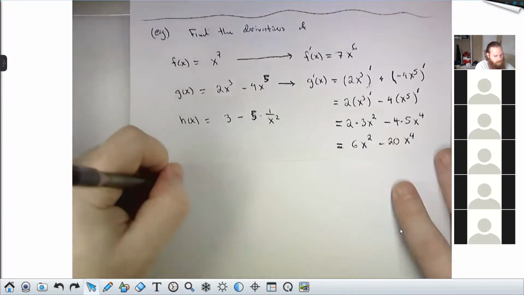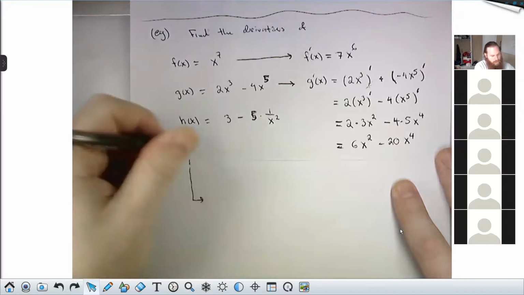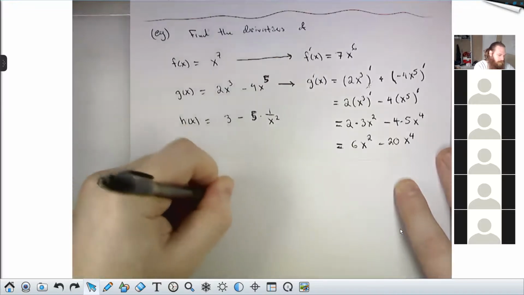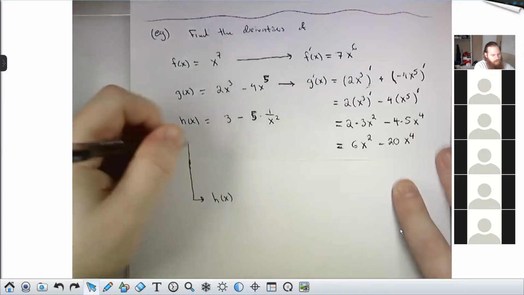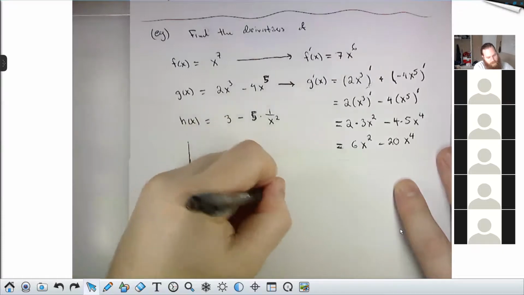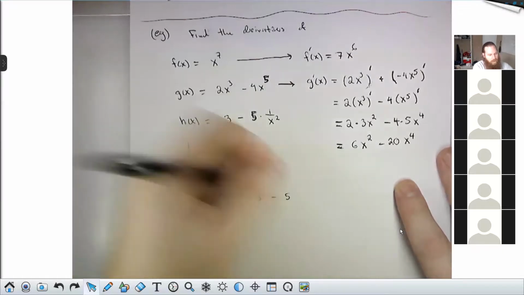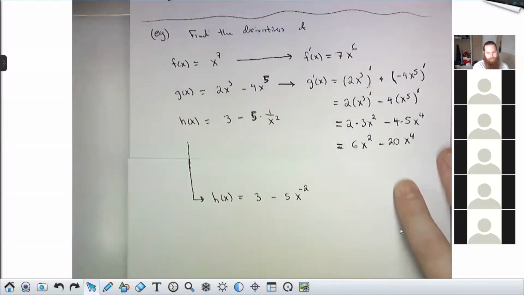So h of x, before I take my derivative here, I'm going to rewrite this function. This is 3 minus 5 times 1 over x squared. That's x to the negative 2.